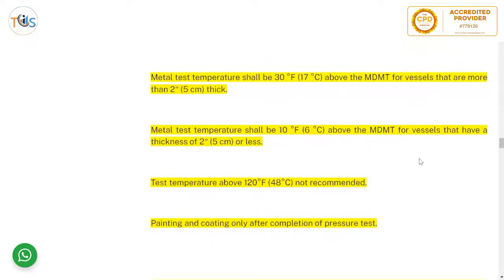Metal temperature shall be 30 degrees Fahrenheit above the minimum design metal temperature for vessels more than 2 inches thick. Metal test temperature shall be 10 degrees Fahrenheit above it for vessels with less than 2 inches thickness. This is during the pressure test.